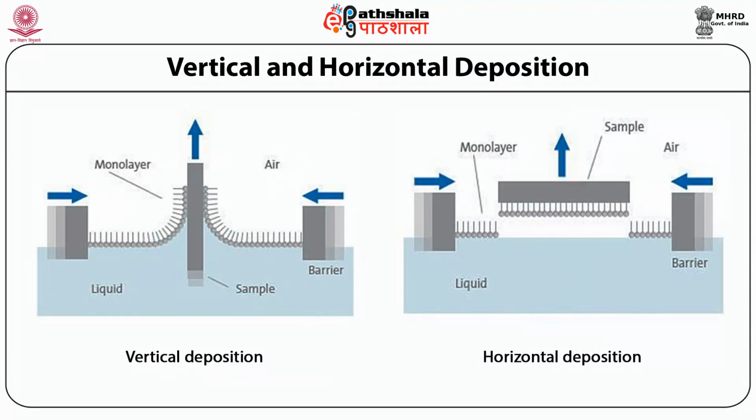Vertical and horizontal deposition. So in this slide, with the help of these 2 cartoons, we show that we can deposit in vertical fashion as well as in horizontal way.